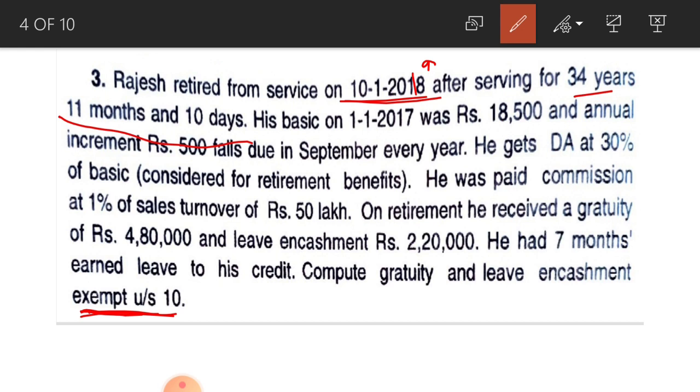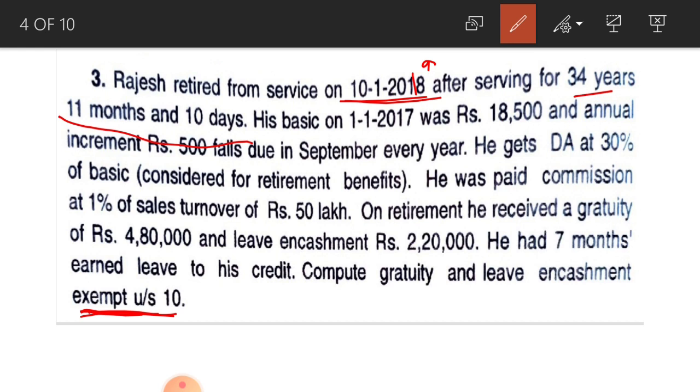If you are considering him as not covered under Payment of Gratuity Act, you have to consider only completed years of service. Here 34 years you can consider, you have to ignore 11 months 10 days because here you are considering as not covered under Payment of Gratuity Act.